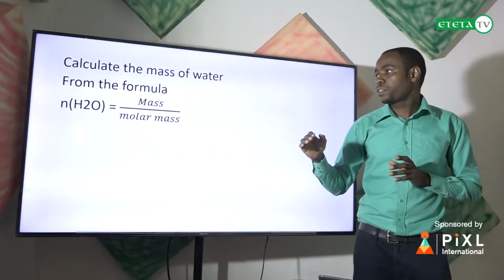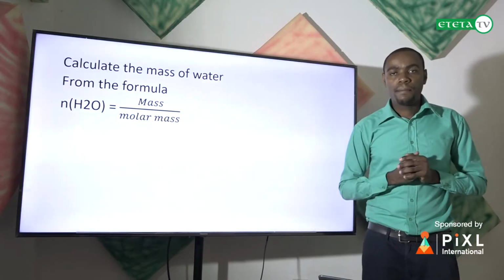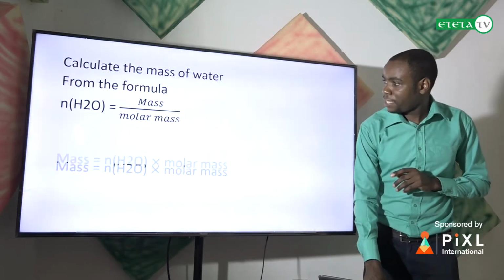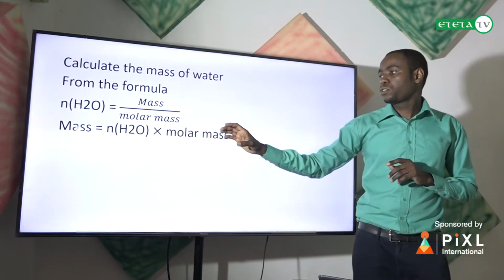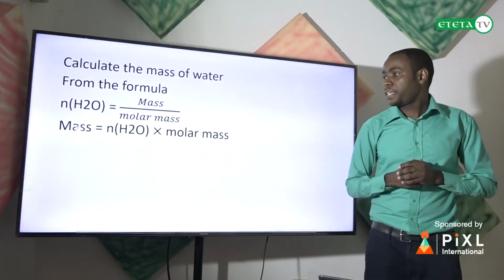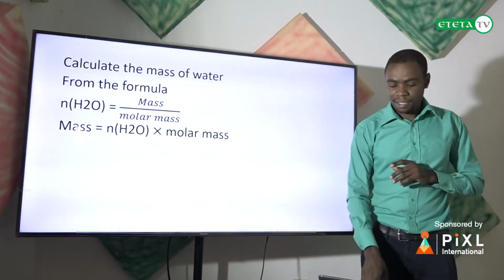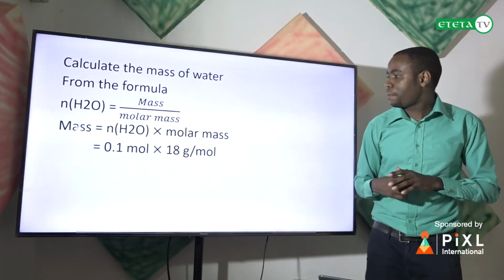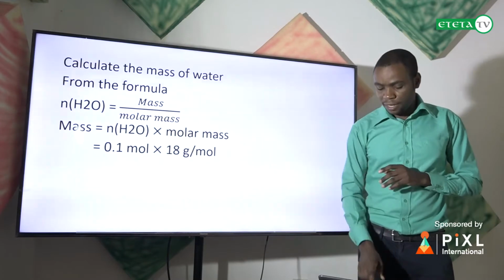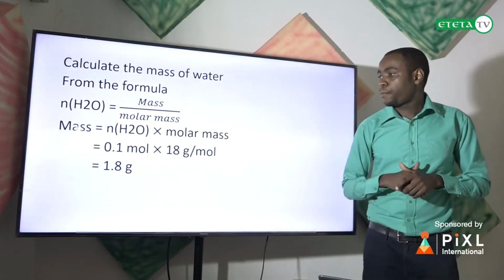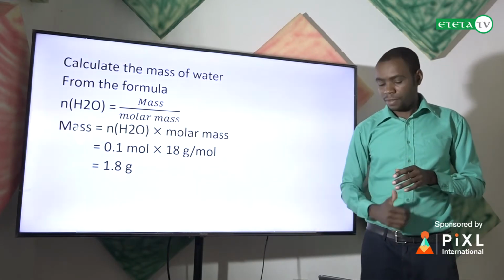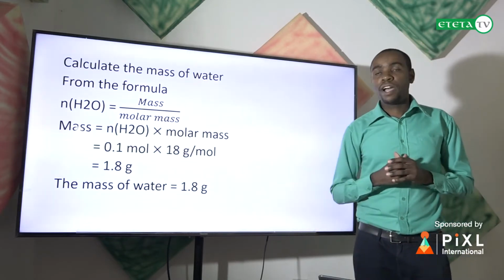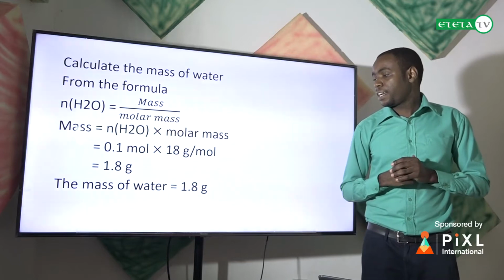Making mass the subject, mass is equal to number of moles of water multiplied by molar mass. By doing so, it will be 0.1 multiplied by 18, which is equal to 1.80 gram. For that matter, the mass of water is equal to 1.80 gram.